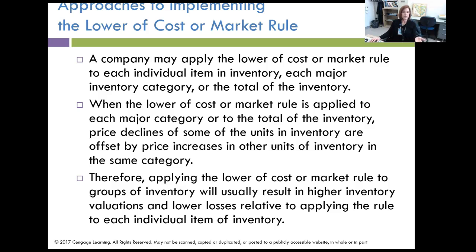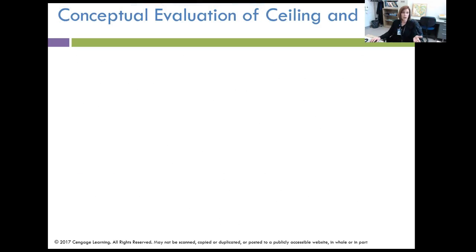And so again, this discusses whether we're going to use major units of inventory, individual items, or the entire inventory, and the potential hazards of having it applied on the total inventory and having areas compensate for one another.